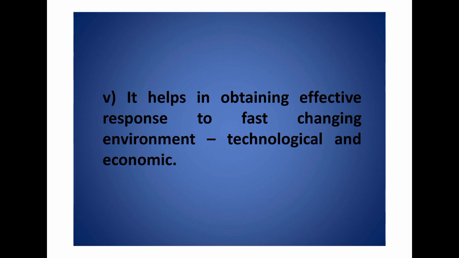So when the technological environment changes, when the cultural, economic or social environment changes, all will have impact on the business organization. So training will help in obtaining effective response to fast changing environment. According to how the environment changes, they make the necessary arrangements or adapt quickly.